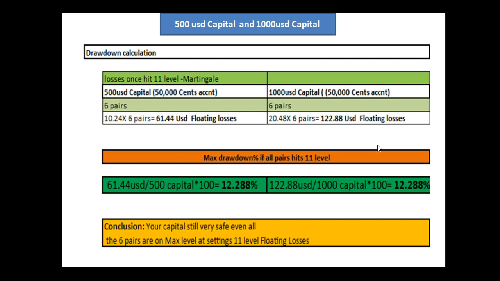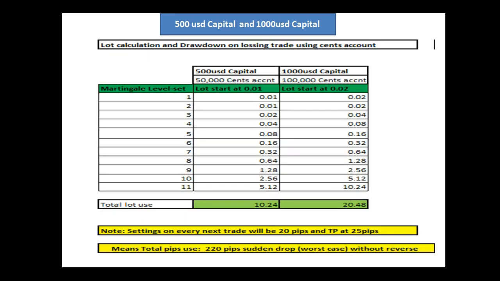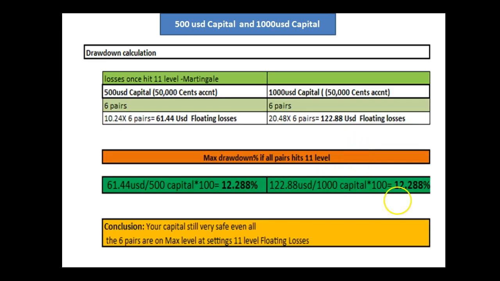I pretty much believe you understand all these calculations and how much the floating losses will be. This is just an illustration. If you have a better calculation for yourself, you can apply it. This is just to guide you on how the calculation works and how much your drawdown is.